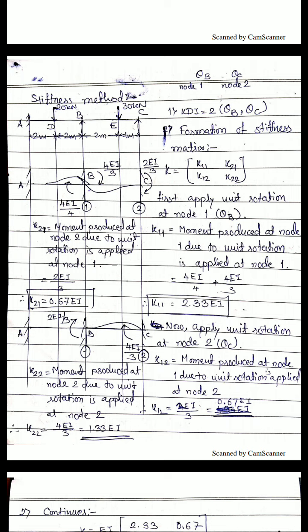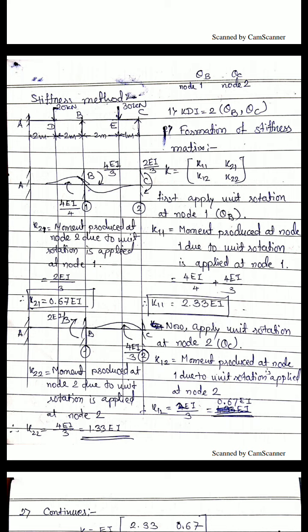And the next one is due to unit rotation applied at node 1 itself. So if we apply unit rotation at node 1, the moment produced at node 1 will be K11.